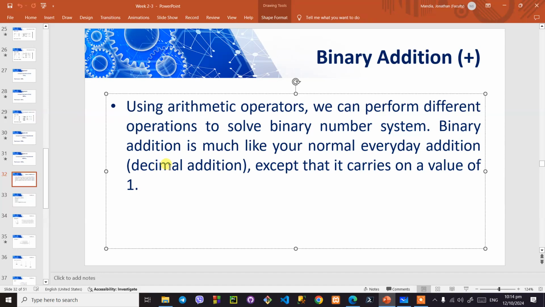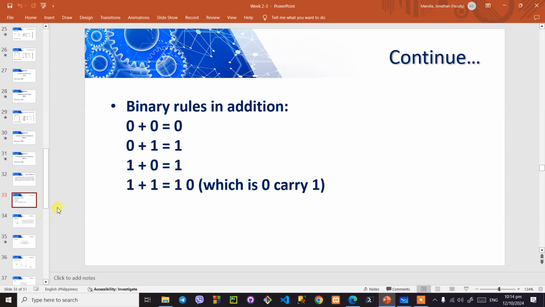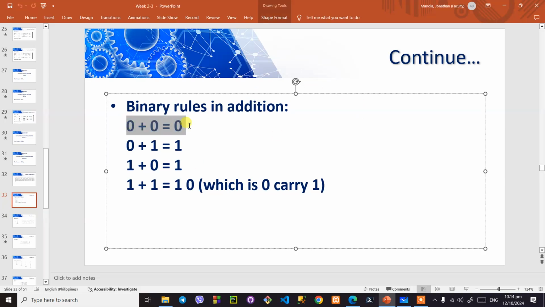In the rule of addition in binary, we have this particular rule: 0 plus 0 is 0, 0 plus 1 is 1, 1 plus 0 is 1. However, if our equation encounters 1 plus 1, it's 1 and 0.